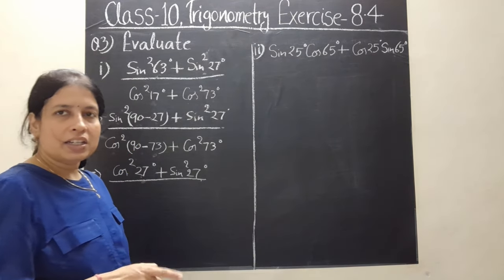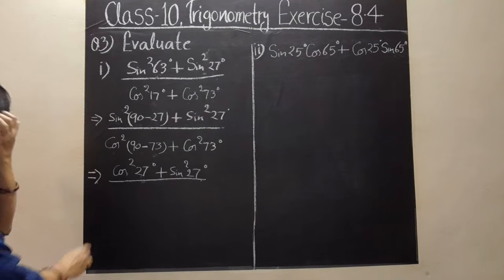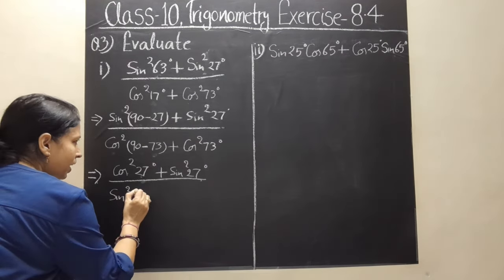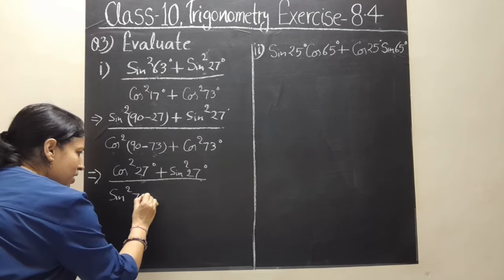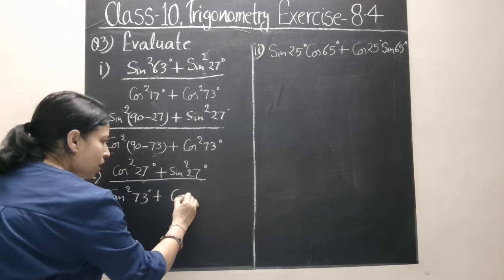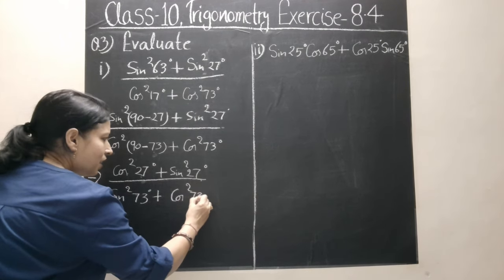Cos 90 minus A is equal to sin A. So right here it becomes sin square 73 degree plus cos square 73 degree.